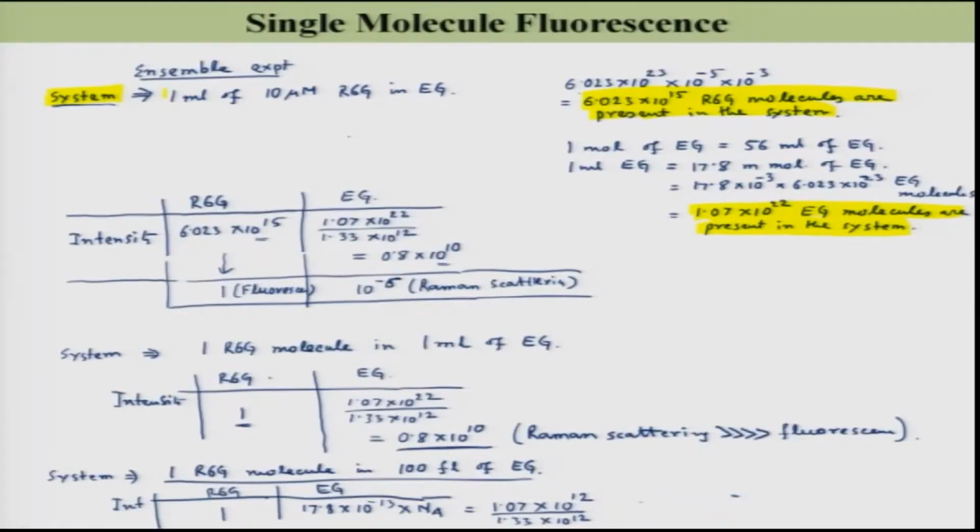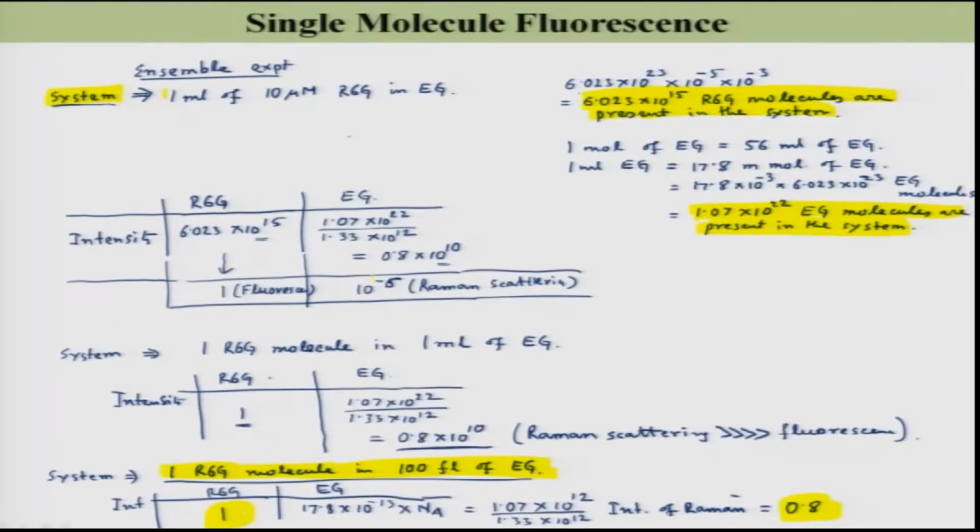Now this is no longer a molecule count, this is going to be the intensity of Raman scattering. So this is going to be 0.8, right. So you see here, for such a case, when one rhodamine 6G molecule is in 100 femtoliter of ethylene glycol, I got the fluorescence as 1, I got the Raman as 0.8, right. So this is the catch.